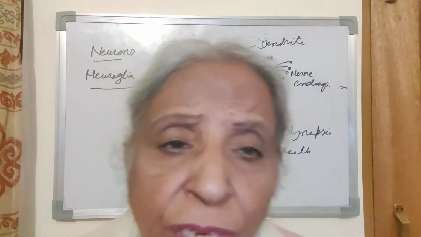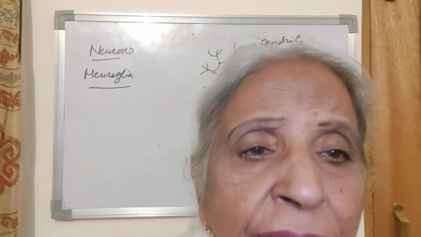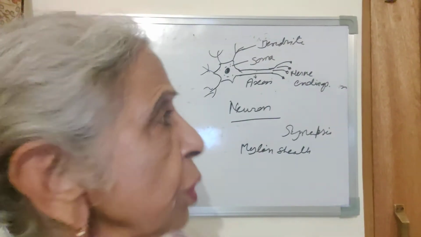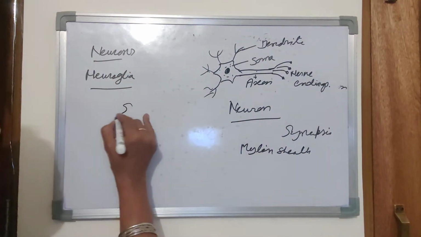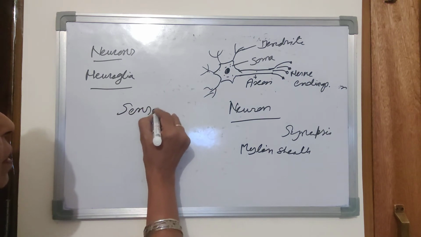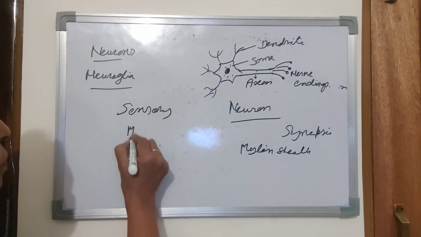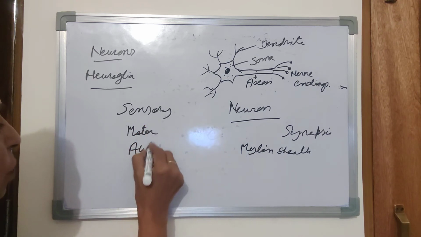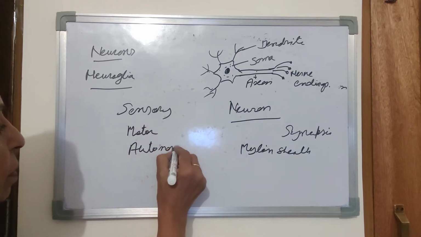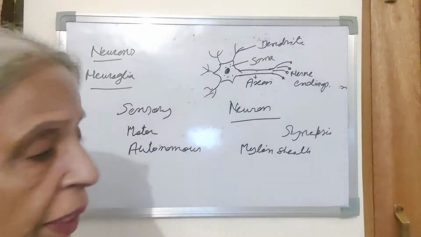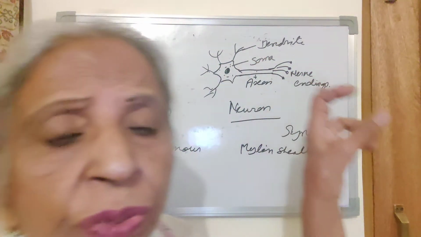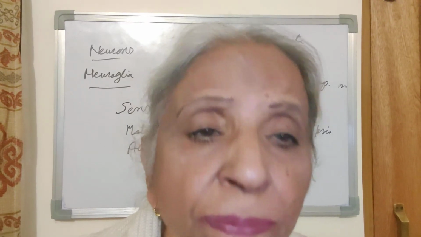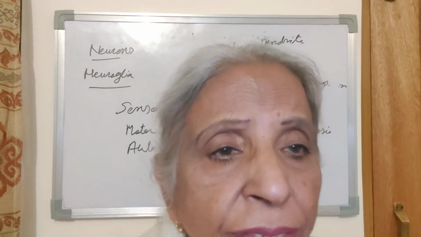So, what is the function of the neurons? There are two types, sensory neurons and motor neurons, and a third type, autonomous. Sensory neurons receive the stimuli, the nerve impulse.